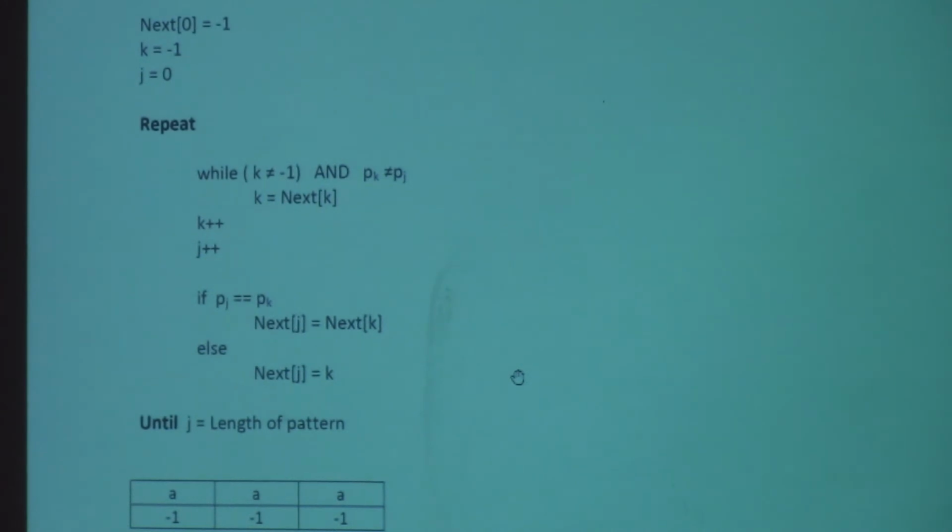Is 0 not equal to -1 or equal to -1? Not equal. Okay, you're not following? The value of K is 0, and 0 is not equal to -1. This is P what against P what? P0 against P1. Is that true or false? They're not equal to each other.